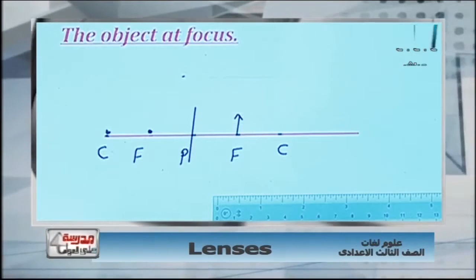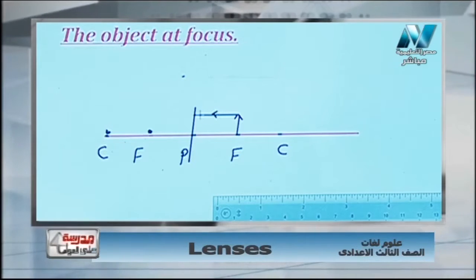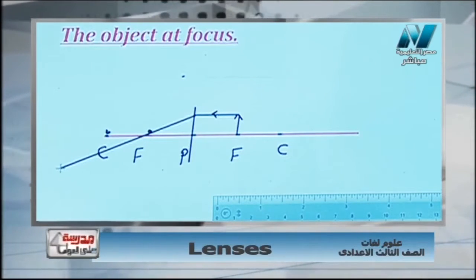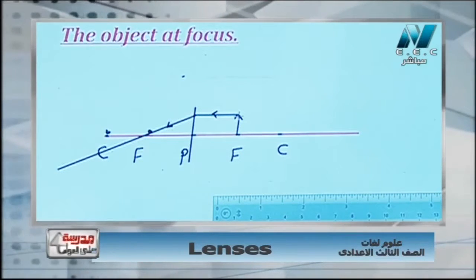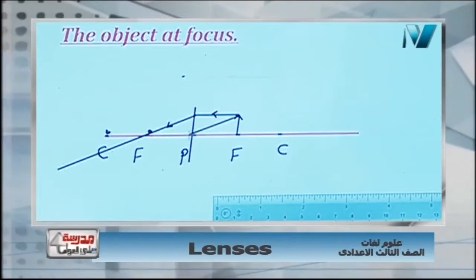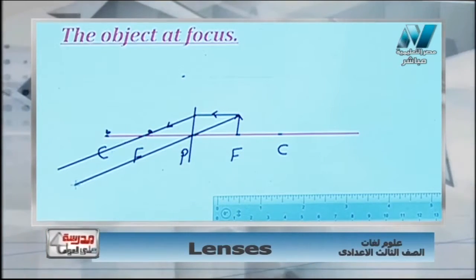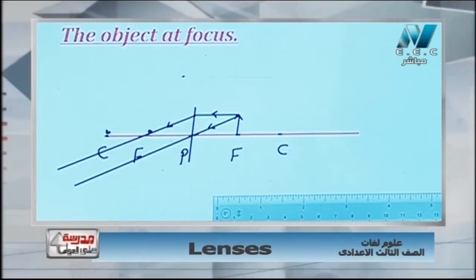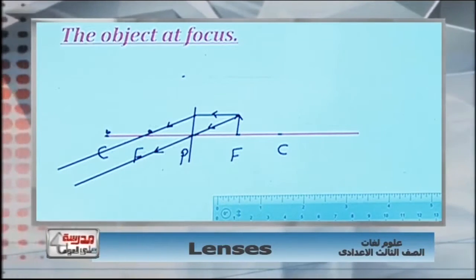So the object in this case is at focus, the focal length, the object is here. Using the first law, a light ray parallel to the principal axis will refract through the focus, as we see. And rule number 3, a light ray that passes through the optical center doesn't refract. The two refracted light rays didn't intersect, ما تقابلوش.